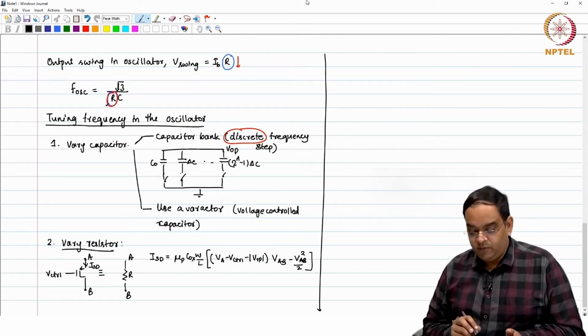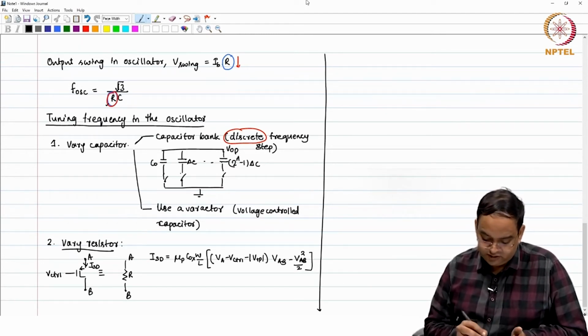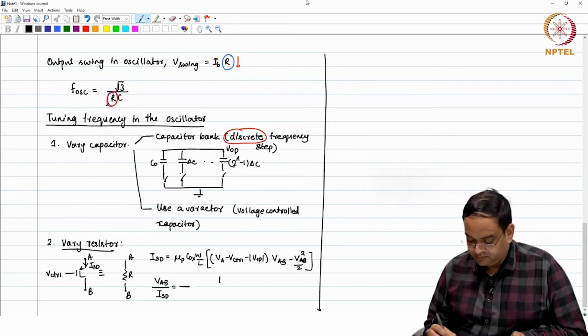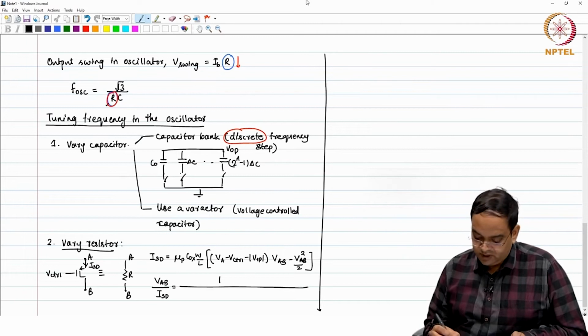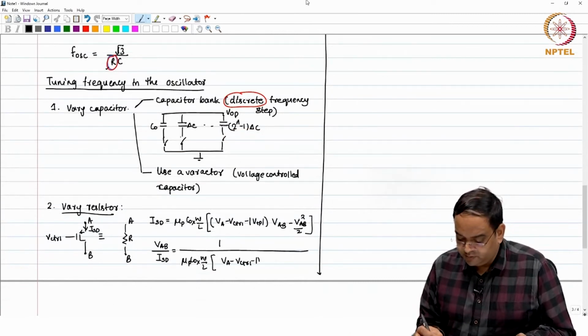So, during operating point you can say a DC or equivalent resistance for this particular MOSFET is VAB divided by ISD, which is 1 over mu p Cox W by L into VA minus V control minus mod VTP minus VAB by 2.